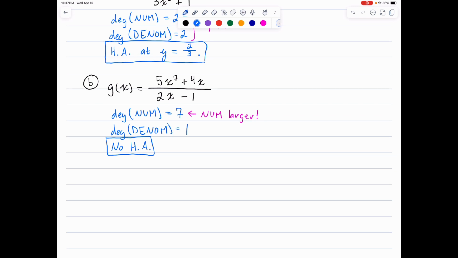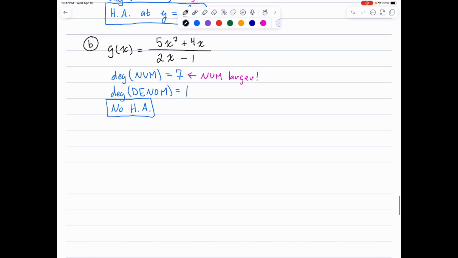So let's do part C. We have h of x equals 6x to the third plus 5x squared minus x plus 8.